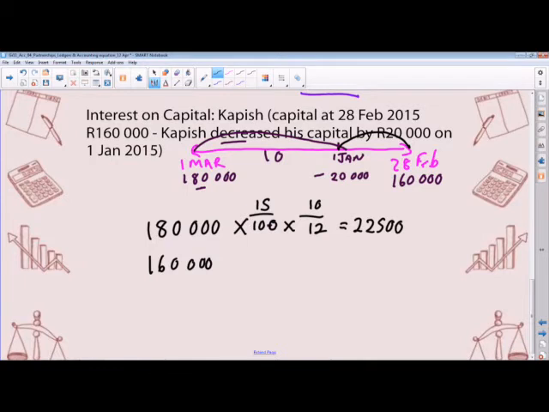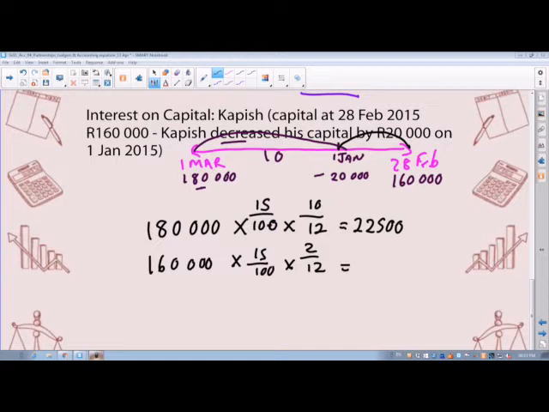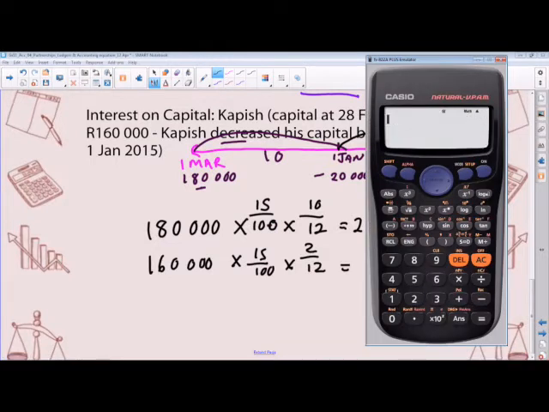So 160,000 times 15% times 2 over 12, and that gives us, again, let's get the calculator out. Okay, so 160,000 times 15% times 2 divided by 12, and that gives us an amount of 4,000.